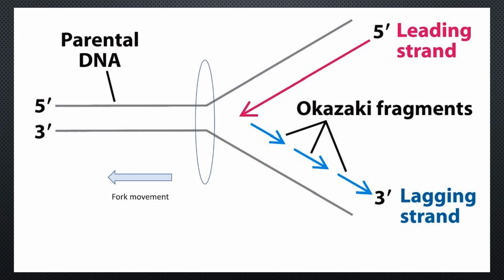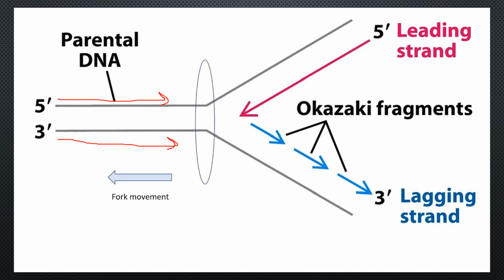If we look at the parental DNA as it's unwound, if you'll remember, our two strands run anti-parallel to each other. So for the parental DNA, we have one strand here that's running 5' to 3', and the other strand is 3' to 5'. That's the direction of the parental or template DNA. Well, our DNA polymerase can only synthesize in the 5' to 3' direction.